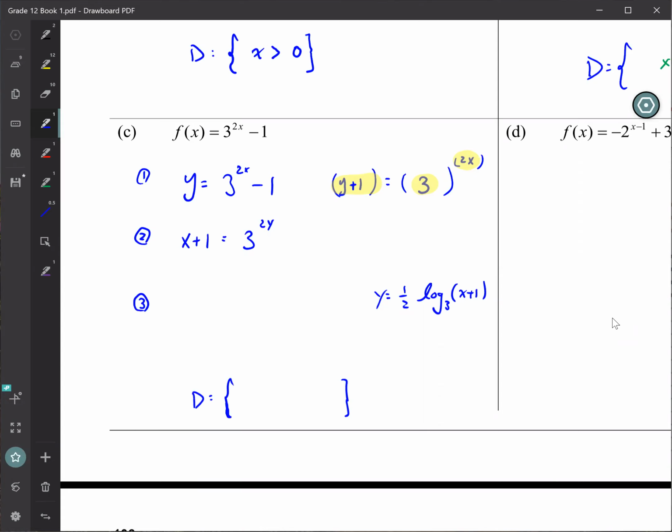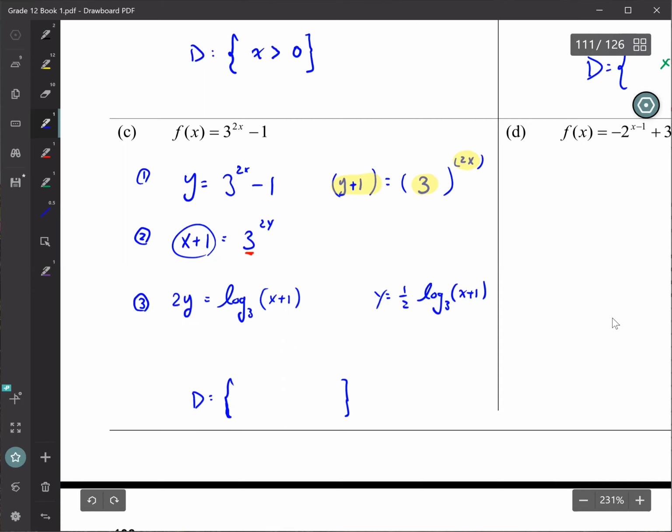Okay. So if I do the counterclockwise, I will start with log. Base is 3, so I write 3. And then go to the other side, which is x plus 1. So make sure you put everything inside. Equals the exponent, so 2y.